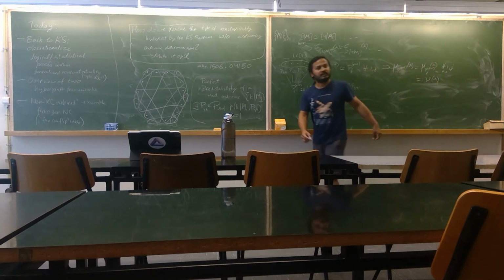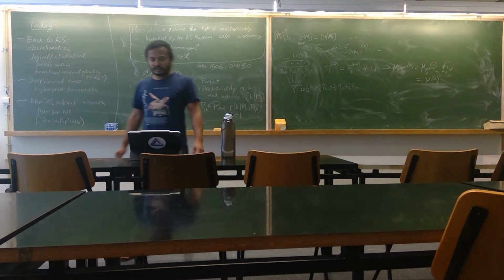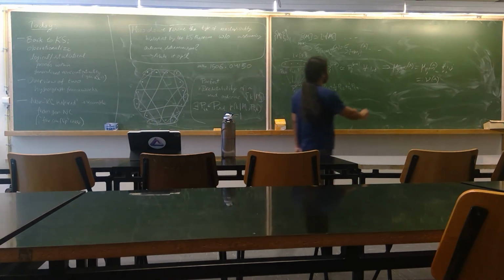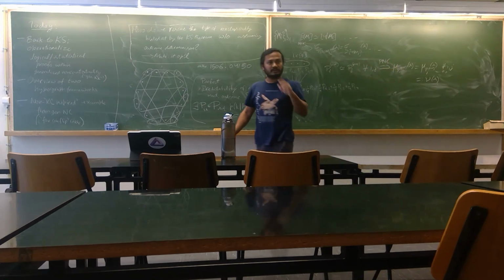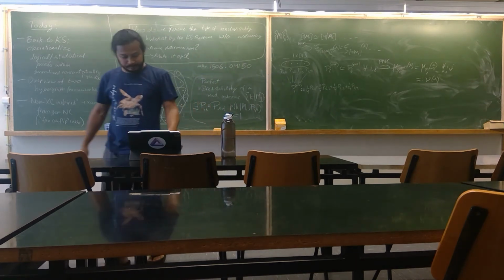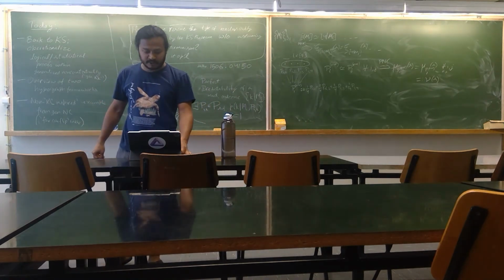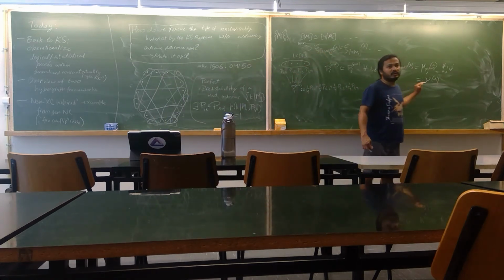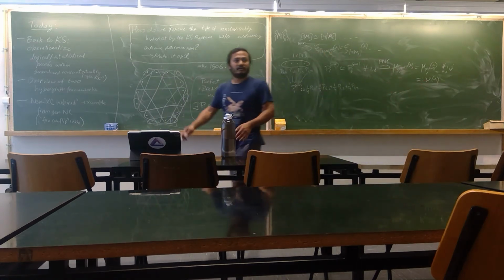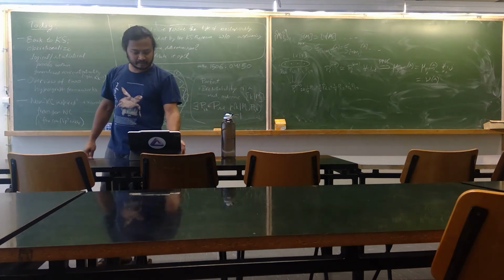So this is a consequence of preparation non-contextuality. This is not true in arbitrary ontological models. It's only true in a preparation non-contextual ontological model. And that's what we want to use. We want to use this and this in order to see what we learn from this quotient spectrum inspired setup.